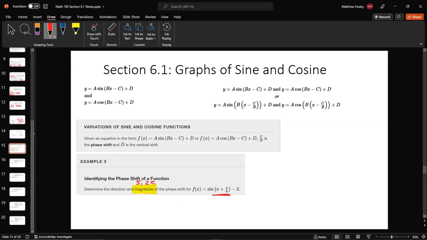So since it's a plus sign, that actually means we're going to go to the left, and we're going to go left by pi/6. And notice there is no b value, which is nice because we don't have to worry about dividing by the b value. What you see is what you get. It's a pi/6, boom, your phase shift, you're going to go left by pi/6.